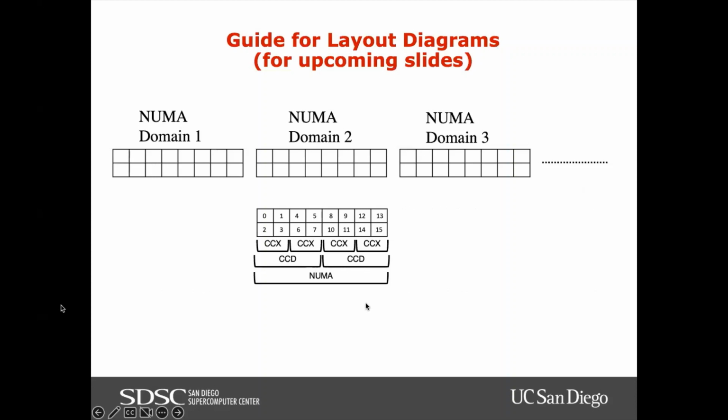So in terms of trying to make sense of this from the diagrams, what I did is had the NUMA domain, because remember we have 16 cores in each NUMA domain, right? Remember 2 CCDs in one NUMA domain.